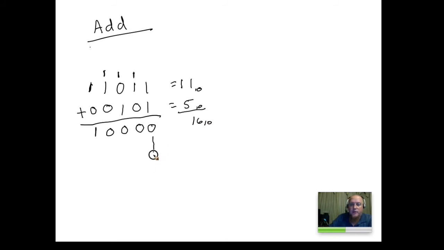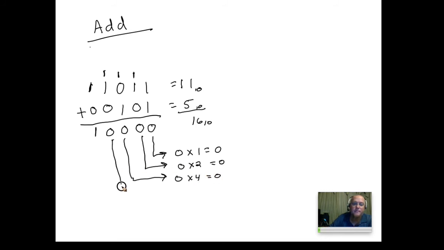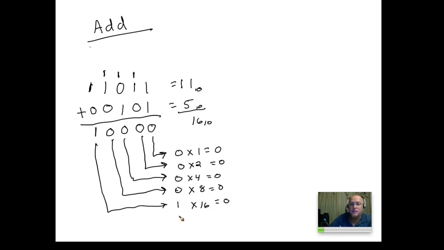Well, if we do our trick of 0 times 1 equals 0, 0 times 2 equals 0, 0 times 4 equals 0, and 0 times 8 equals 0, and 1 times 16 equals 0.